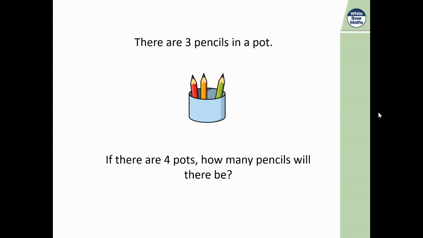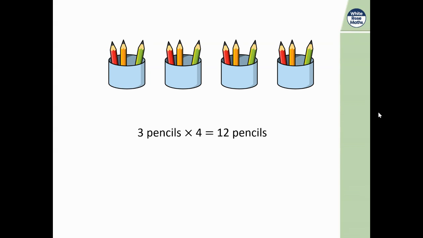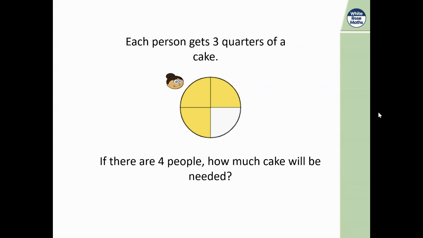So pause the video again, quickly get your answer down, and then press play again when you're ready. Okay, if you're watching now, you've had a try yourself. So we've got 3 pencils times 4, we end up with 12. All right, same thing, but not the same, but it is the same.